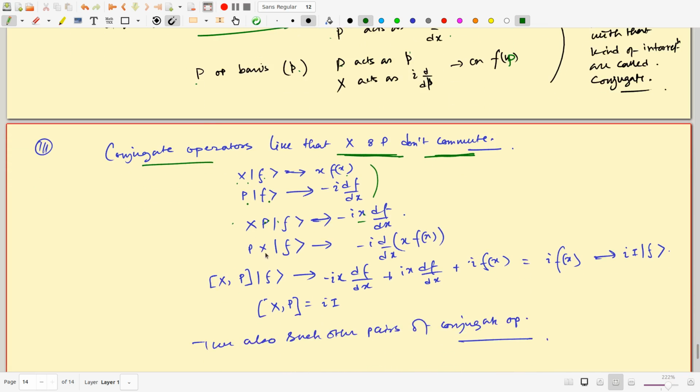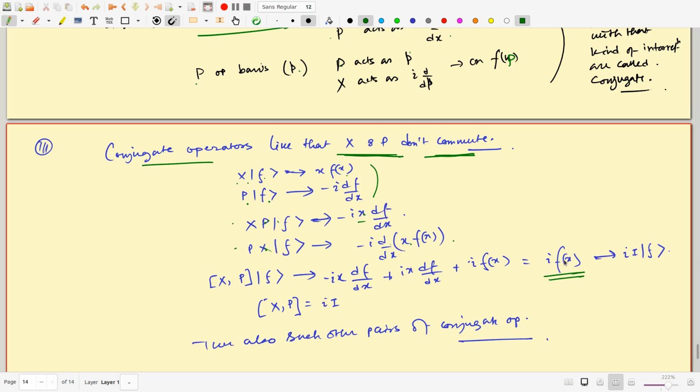If I do it the opposite way, first acting x, which is multiplying by the number x, and then taking the derivative on top of that, and I subtract these two, this forms the commutator. The subtraction gives me an extra term, i f(x), which comes from taking the derivative of the x part, and the other part cancels.